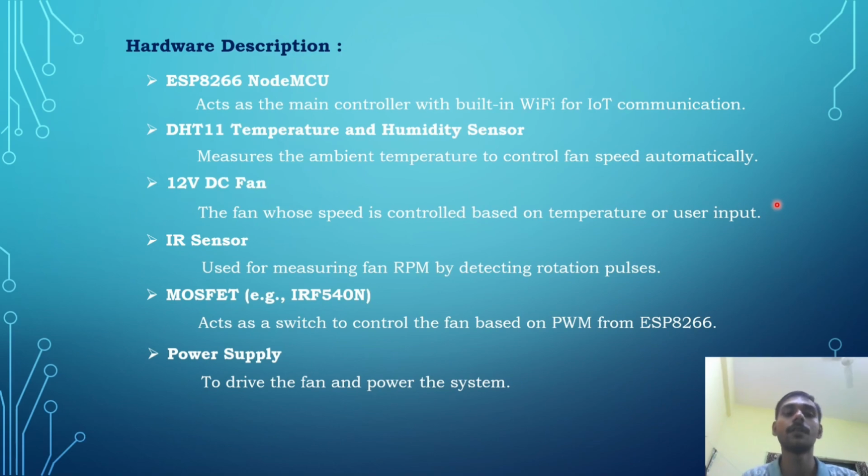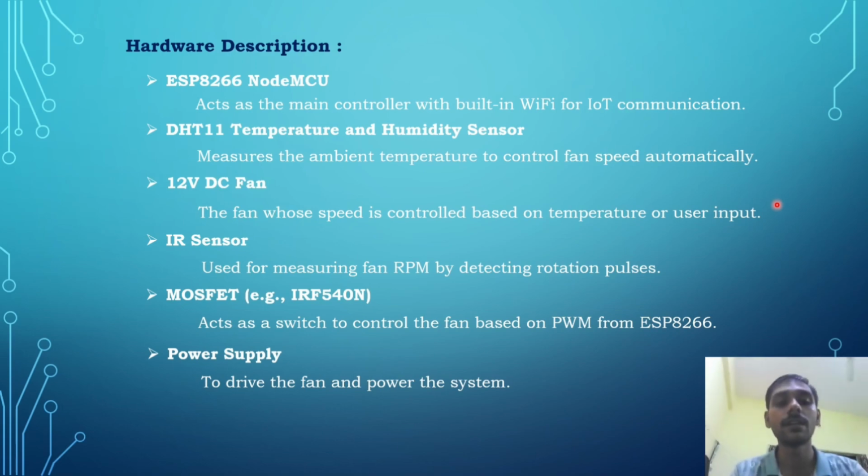Here is the hardware description of this project. First, the ESP8266 NodeMCU acts as the main controller, with built-in Wi-Fi for IoT communication. The DHT11 temperature and humidity sensor measures the ambient temperature to control the fan automatically. The 12 volt DC fan's speed is controlled based on temperature or user input.